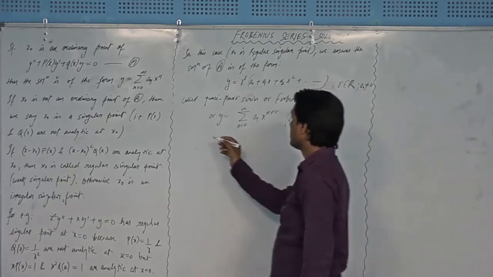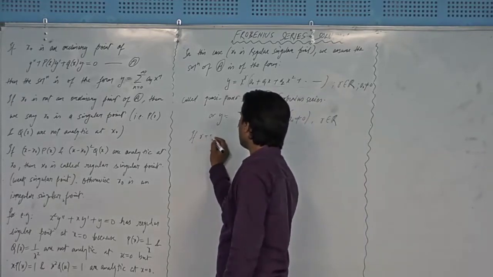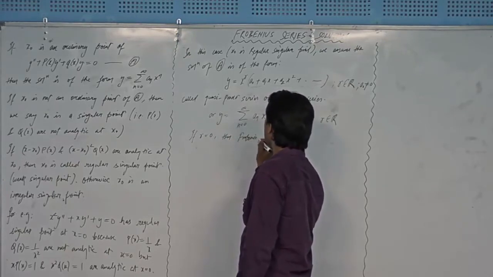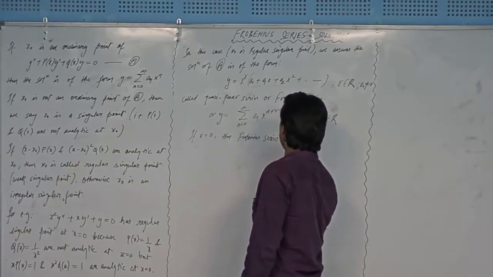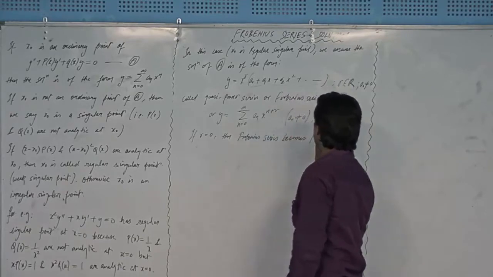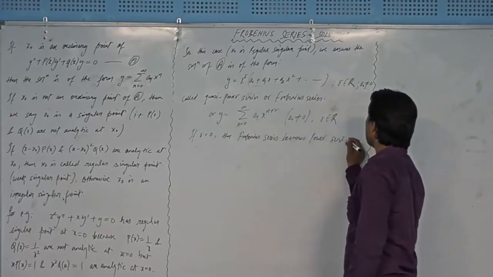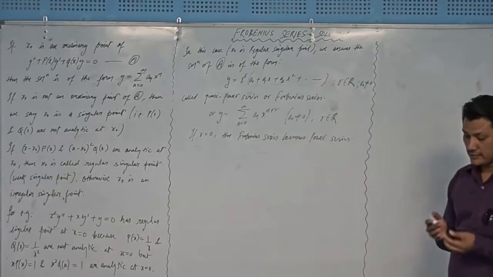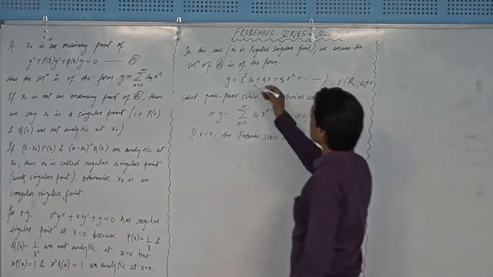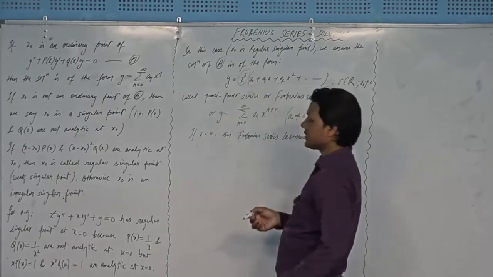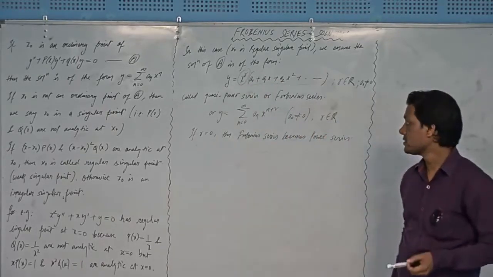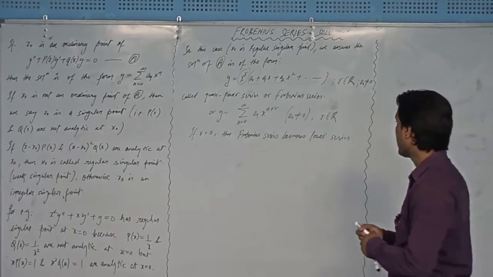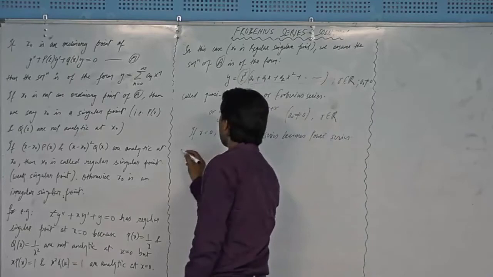I will write that if r equal to 0, then the Frobenius series becomes a power series, right? And I have to tell what is the explanation behind this, why we multiplied with x to the power r. There is a small explanation behind it, and I will add that explanation.